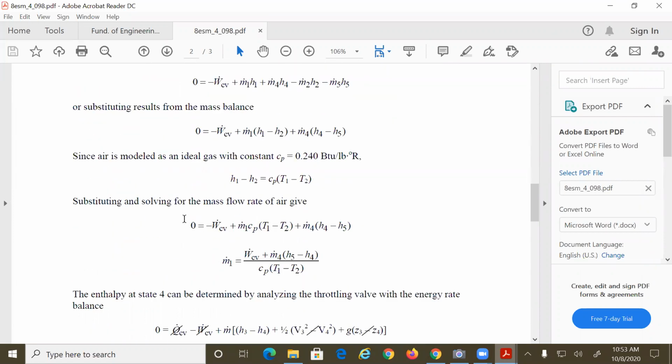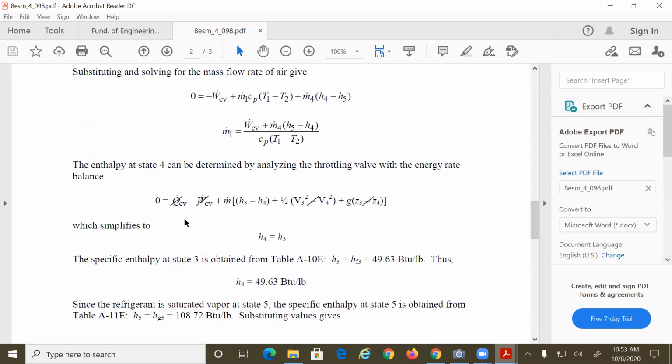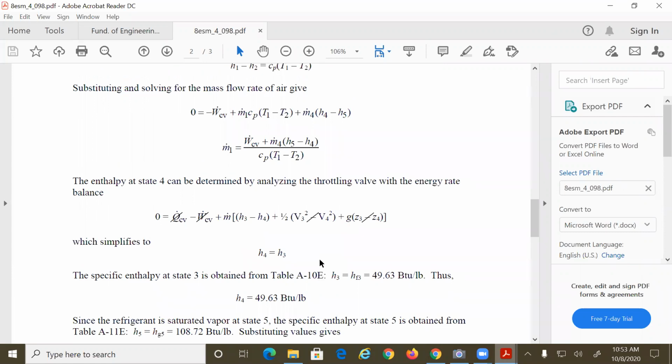Let's go back and see what is happening here. H4 equal H3. So table A10E. Now this is for H3, would be H4 equal H3, which we say that we had. Table A10E. Okay. So table A10E, that will save some time.